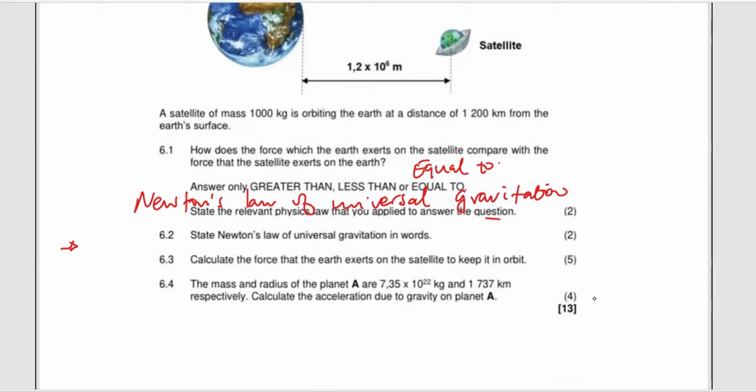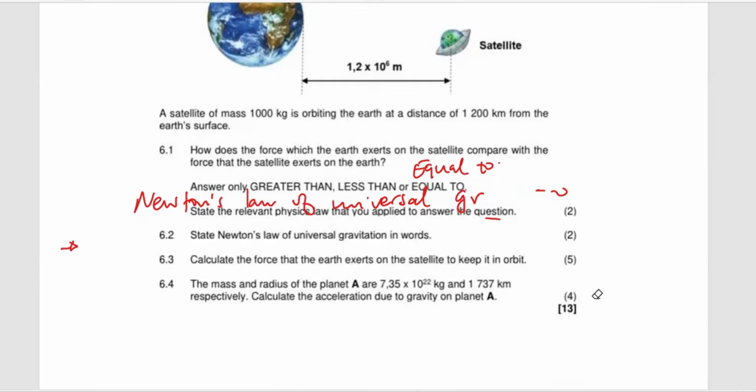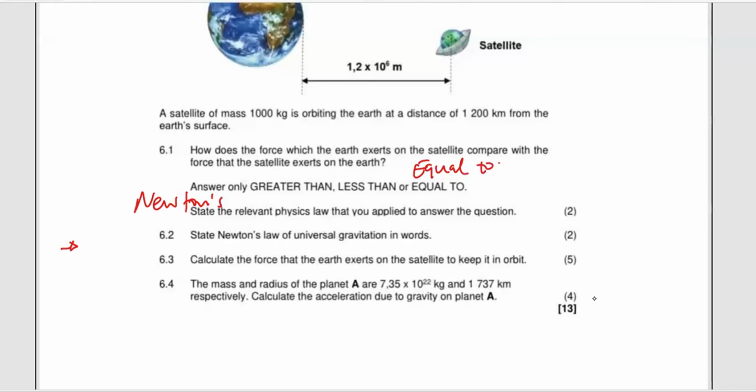Is that Newton's law of universal gravitation? Does it make sense? How does the force exert? No, it's Newton's third law, not universal. Newton's third law. Then they ask us to state Newton's law of universal gravitation.